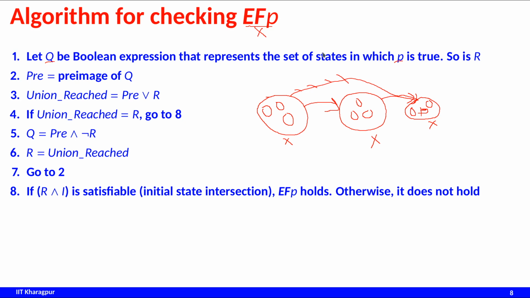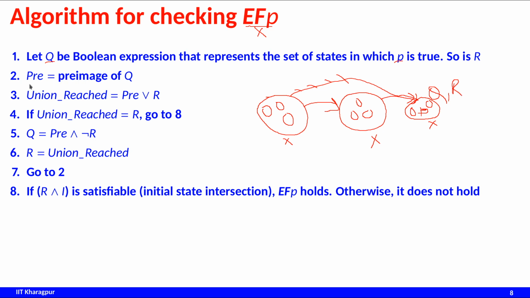So we start with this set of states that will be an input for us. This is the set of states in which P is true. Let me say that this set of states is Q, and we initialize R with this as well. Now what do we do?